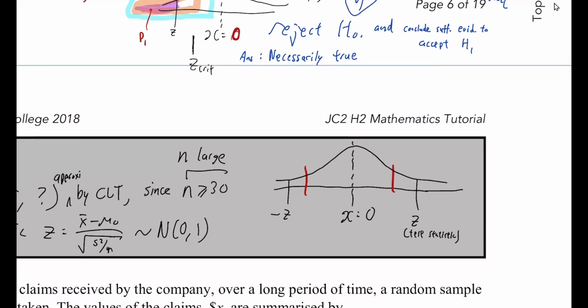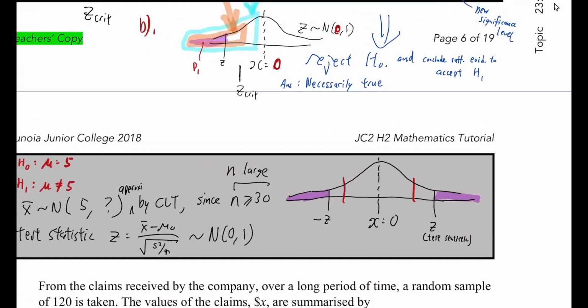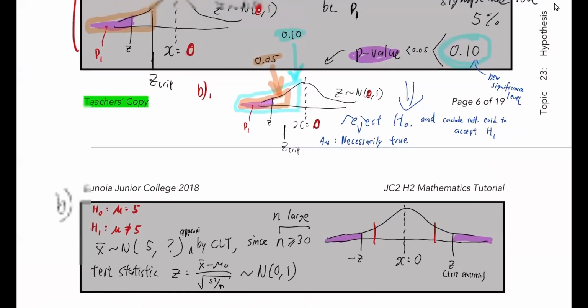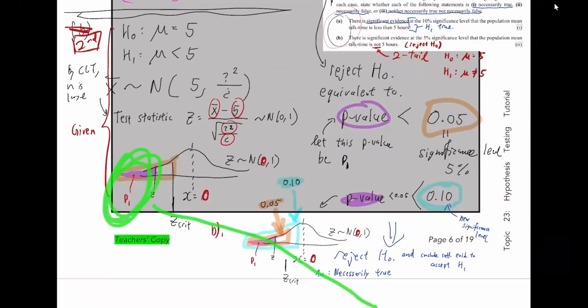Let's say we get those test statistics already. The p-value is actually the sum of these two tail areas, right? So what happens to your original P1 in a two-tail test?